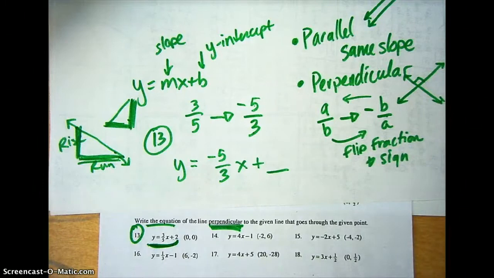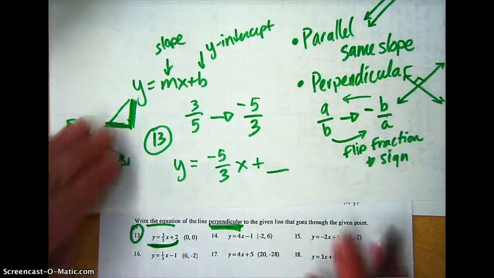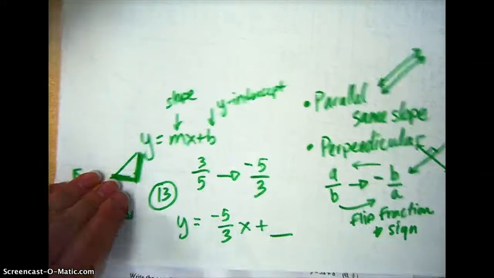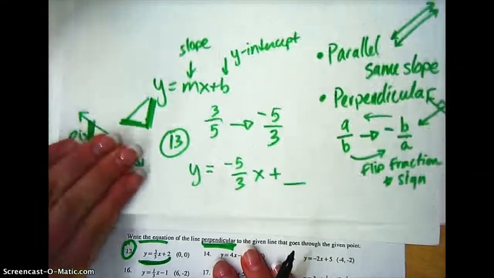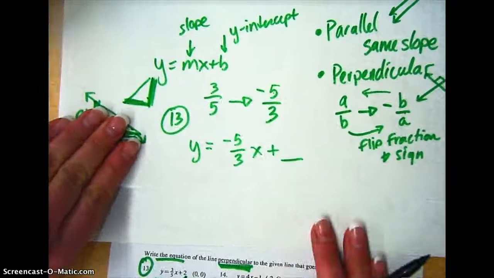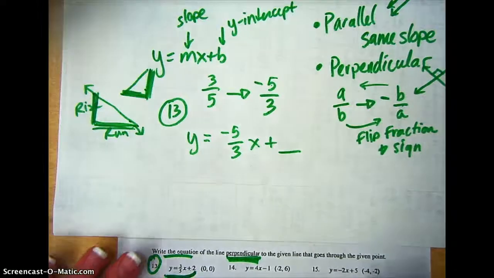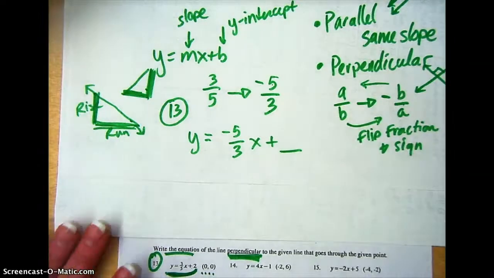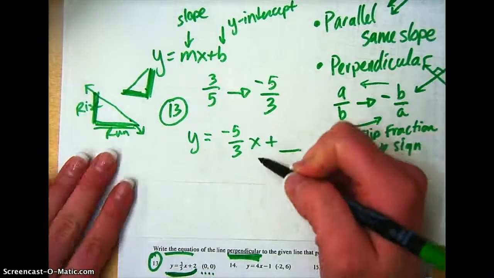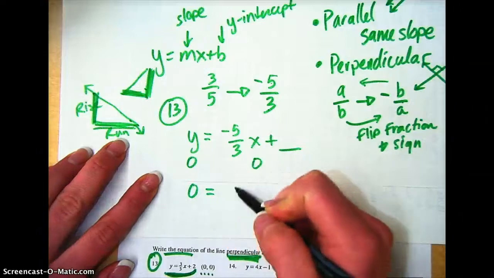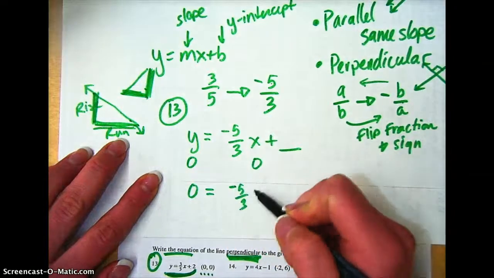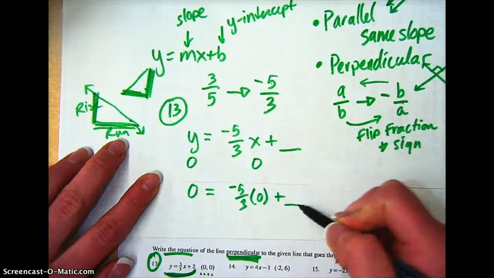The next step remains exactly the same. Everything you've been doing with the next step is the same that you'll do here. You're going to find the rest of the rule by plugging in the point that they gave you. So I'm going to plug in my point here, 0, 0. I'm going to put in 0 for x and 0 for y. So my rule is 0 equals negative 5/3 times 0 plus something.